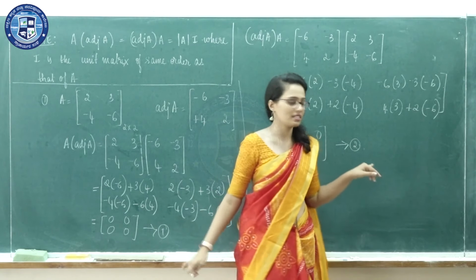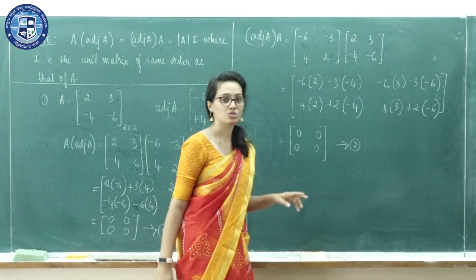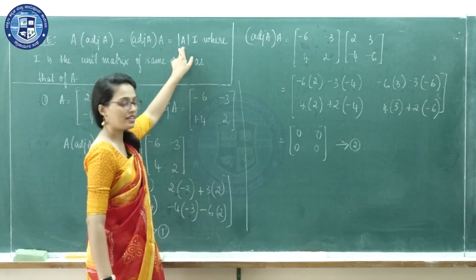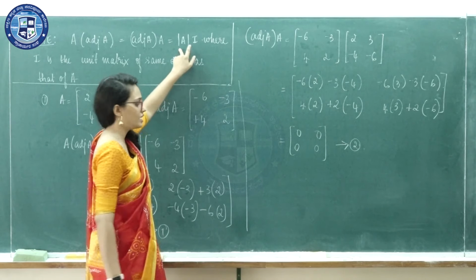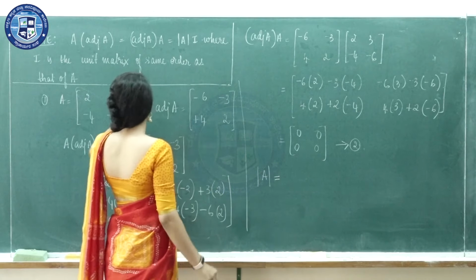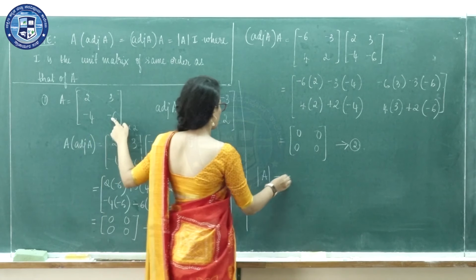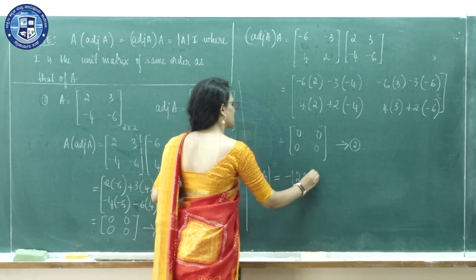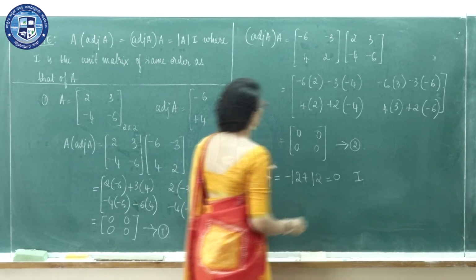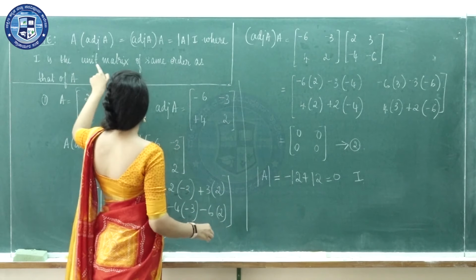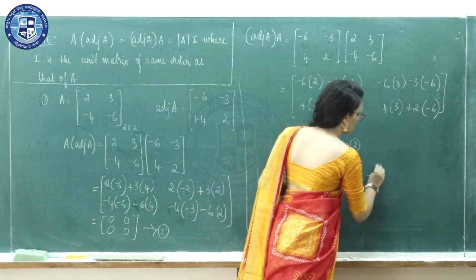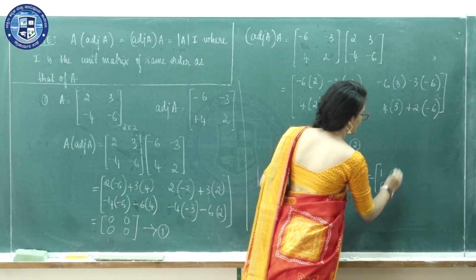So, from equation 1 and equation 2, you know that these two values are same. Now, let us find the value of determinant of A into I. So, let us find the determinant of A. So, determinant A is minus 12 plus 12, that is equal to 0. We are taking the identity matrix. It is told that the unit matrix should be of the same order as that of A. So, we will take a 2 cross 2 identity matrix.